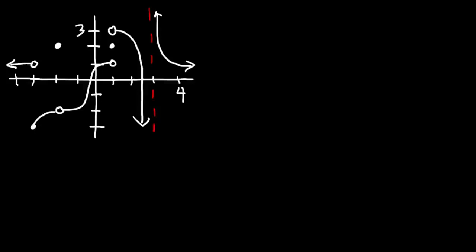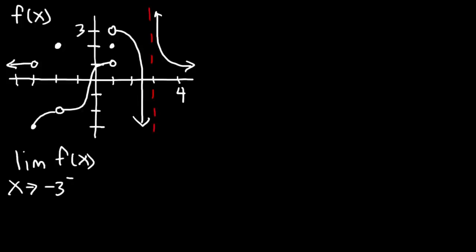Now let's talk about how to evaluate limits graphically. So let's say we want to calculate the limit as x approaches negative 3 from the left side. And let's say this graph represents the function f of x. So what can we do? To evaluate the limit, you're looking for the y value.